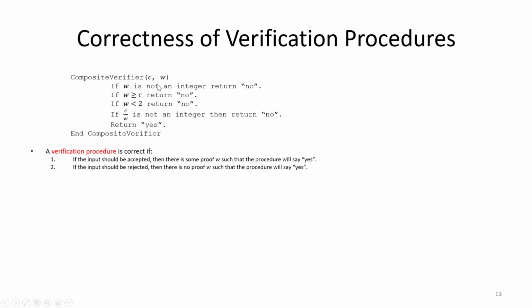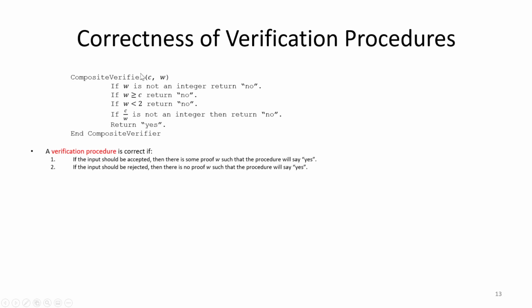Well, that means there should be some way that I can give you a W that will pass all the tests that are going to catch me and say no, and eventually say yes. So if I am given a composite number, then there should exist some factor that will pass my test. Any factor other than C and 1 will do.